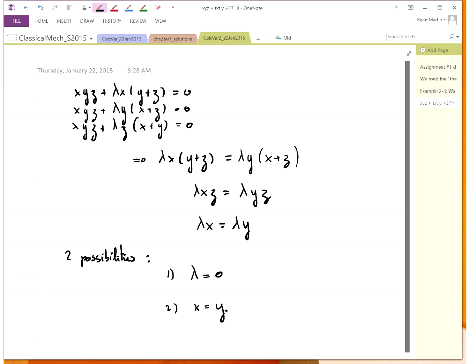So let's think about these 2 options. So if lambda is equal to 0, right, I can't divide the lambda out. So if lambda is equal to 0, let's go back up to the first equation. So if I rewrite the first equation with lambda equal to 0, then I find that xyz must also equal 0.